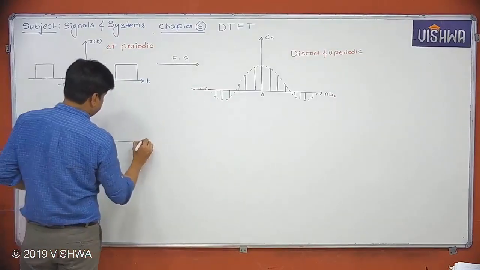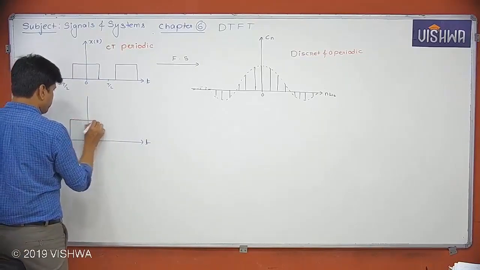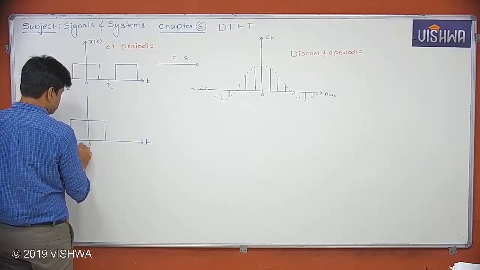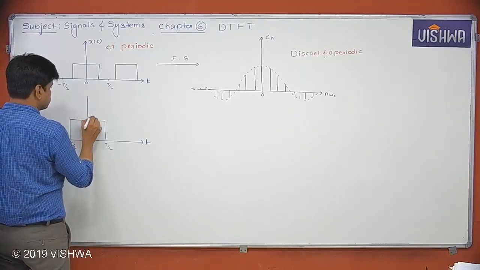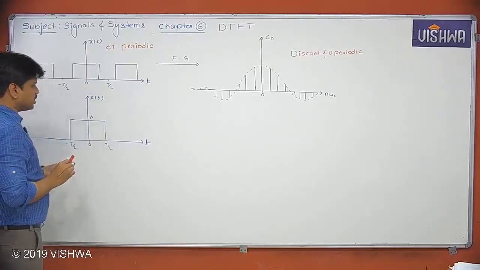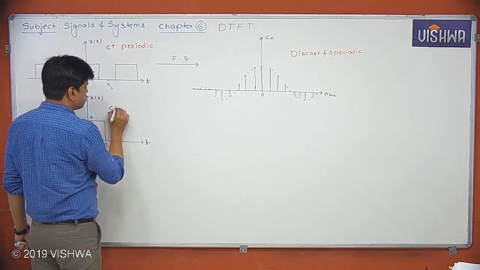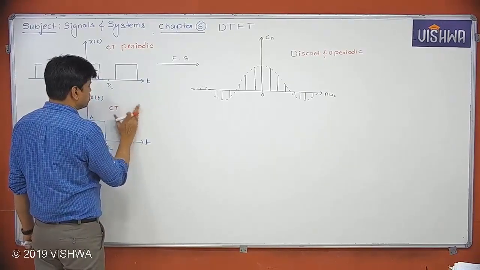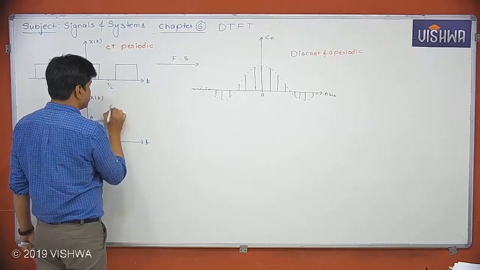Now let's take one more thing. Suppose I take a signal which is a rectangular pulse, x of t. What is the nature of x of t? This is continuous time and aperiodic.